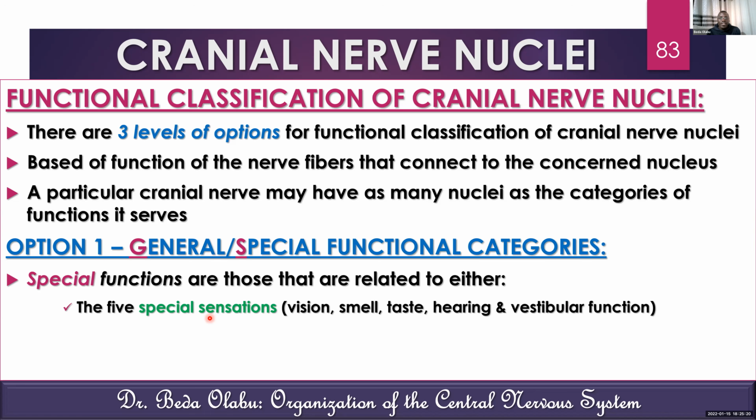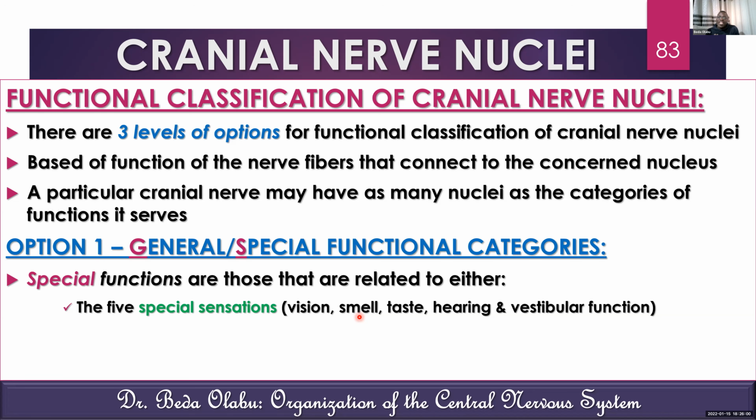So if a nucleus is related to the pathway of the special sensations, then it's considered a special nucleus and not a general nucleus. So which are the 5 special senses? Vision, smell, taste, hearing, and vestibular function. But we've said that vision and smell, their nuclei are not in the brainstem, and so don't think about them. So now let's think about taste, hearing, and vestibular function.